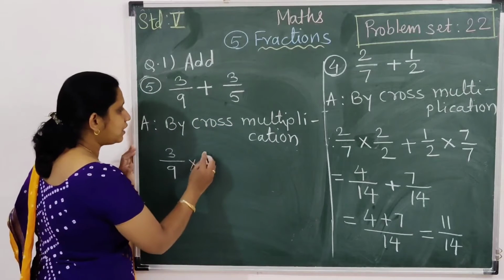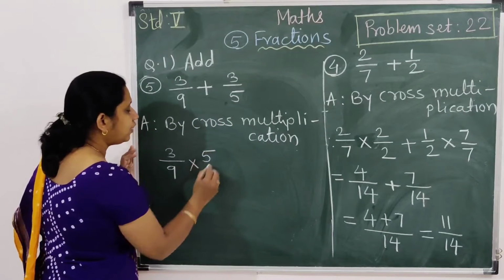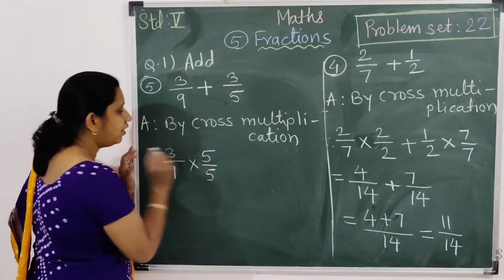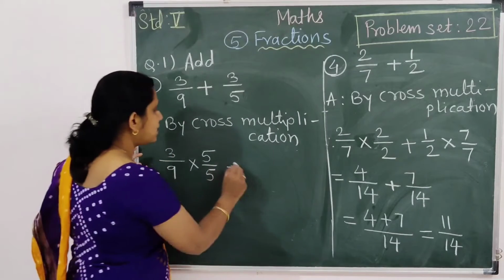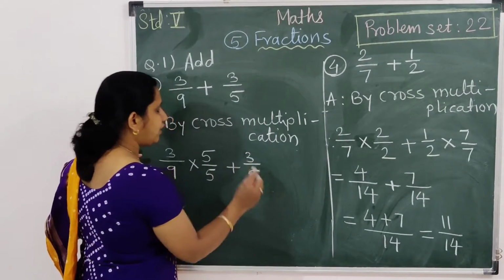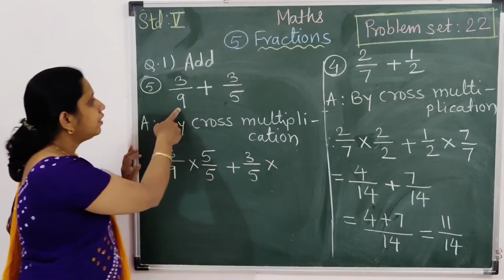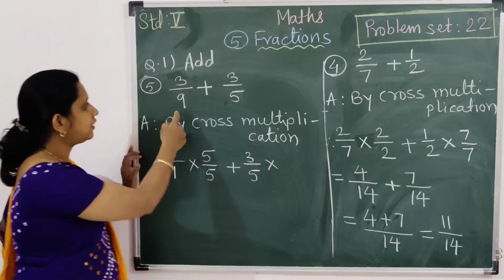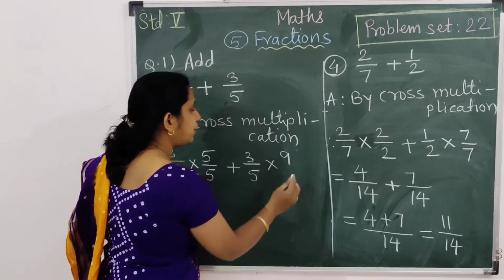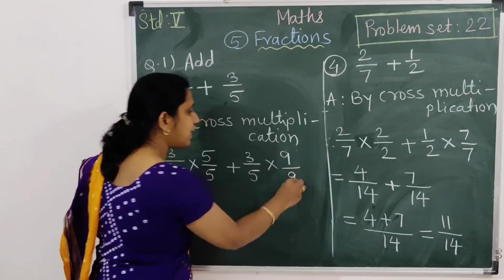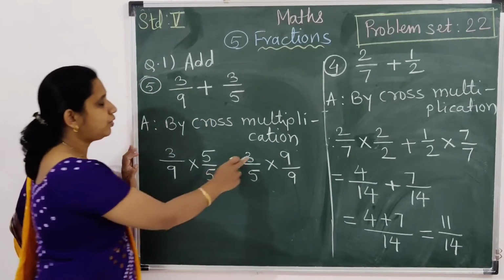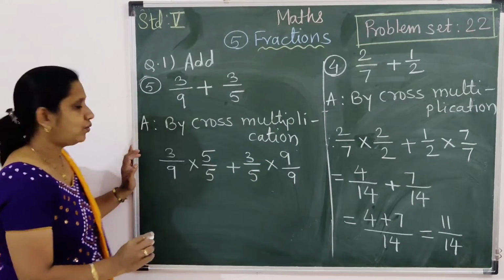We'll multiply using that number 5 in the numerator as well as in the denominator, plus 3 upon 5 multiplied by the denominator of the first fraction, that is 9. So 3 into 5, 9 into 5, and 3 into 9, 5 into 9.